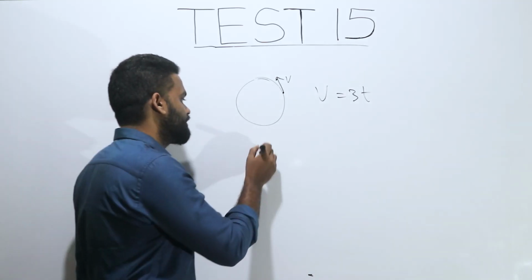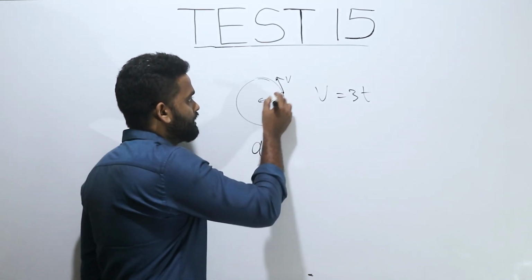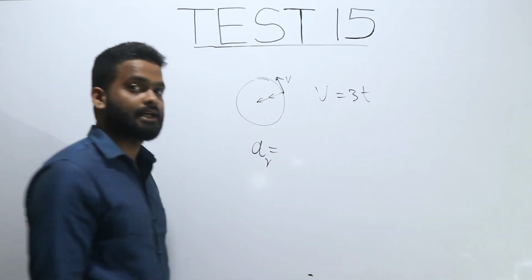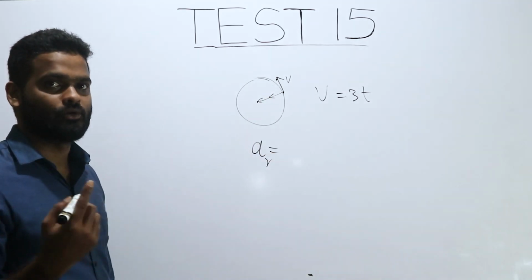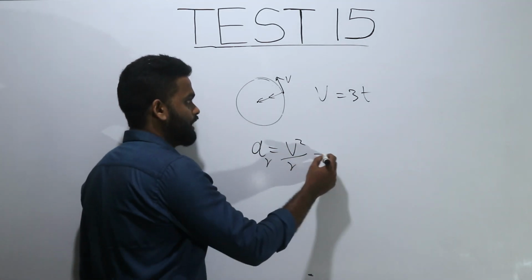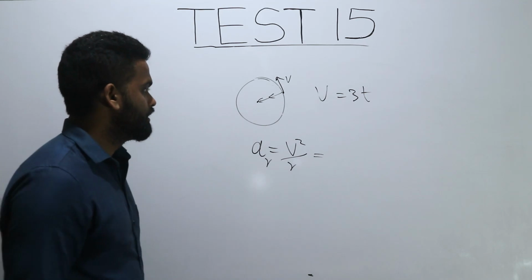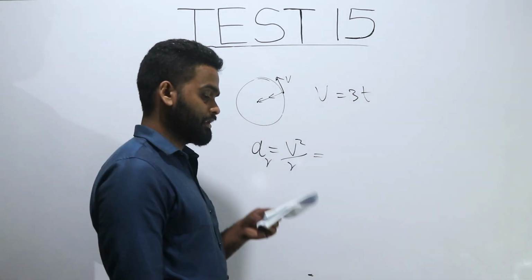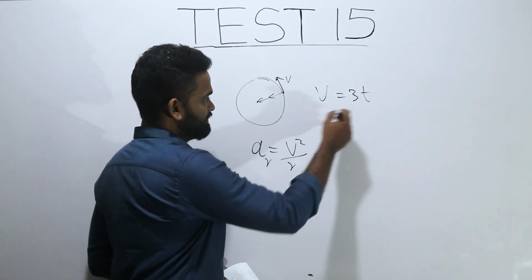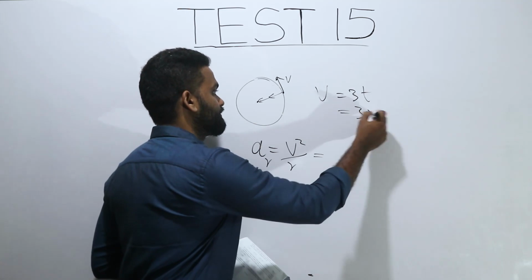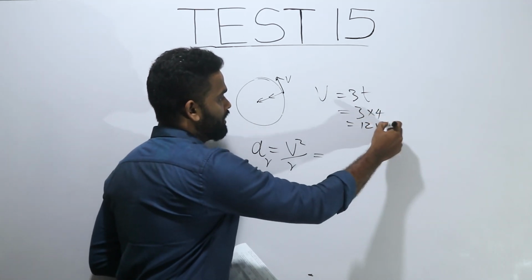The equation for centripetal acceleration, that is the acceleration towards the center, let's say radial acceleration a_r, they are both the same, is equal to v squared over r. From this you can find the tangential velocity when time is equal to 4 seconds. That is 12 meters per second.